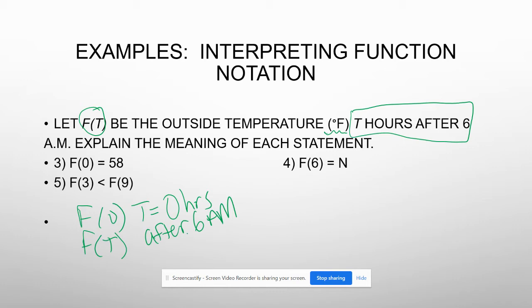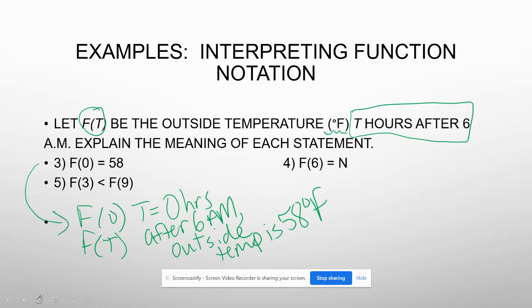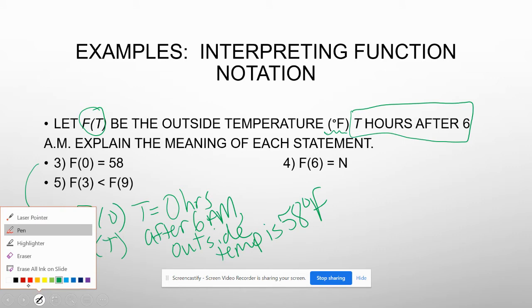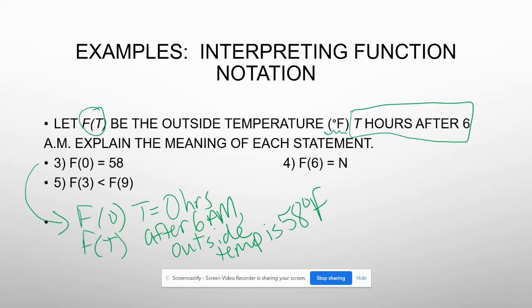And the temperature outside is 58 degrees Fahrenheit. For f of 6, t is 6.